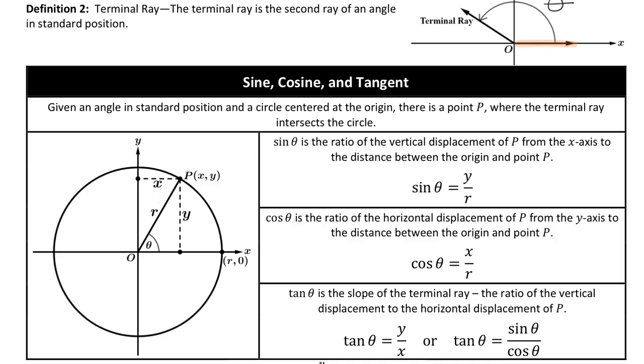Sine of theta, that's our first vocabulary word for today. Sine of theta is the ratio of the vertical displacement of P. Vertical displacement means up and down distance, from the x-axis to the point P. So sine of theta is defined to be the y value, which is how high we are, our vertical displacement, divided by the radius length.